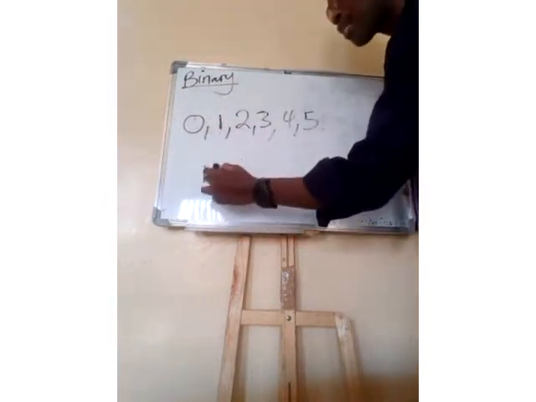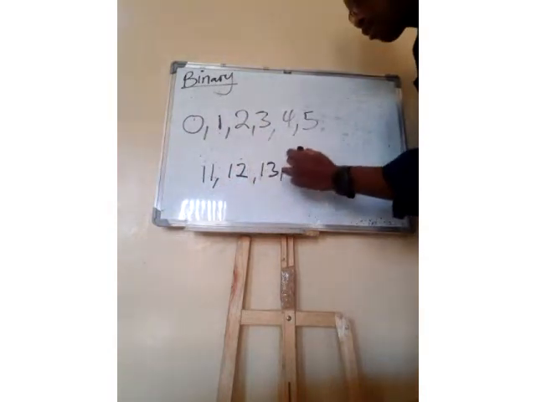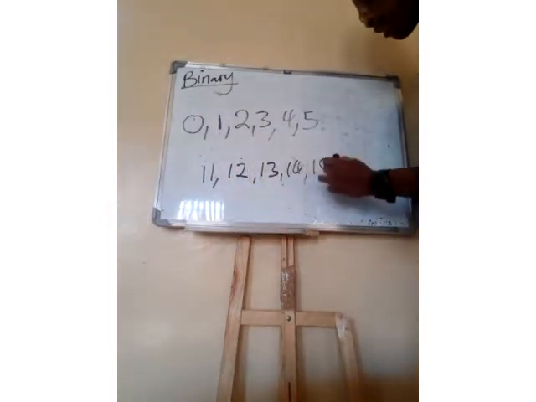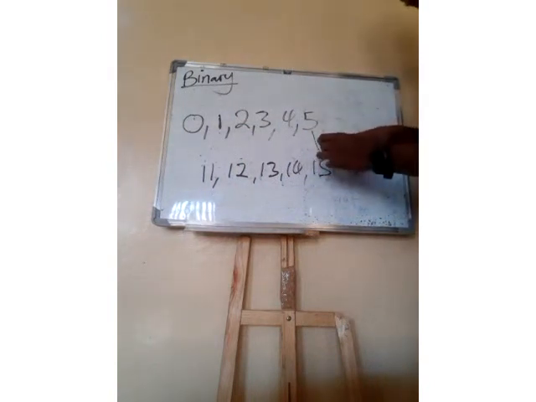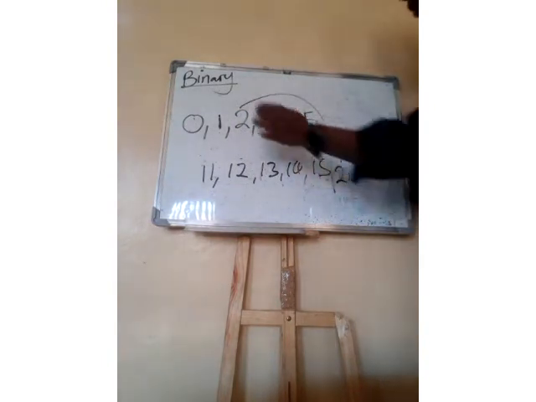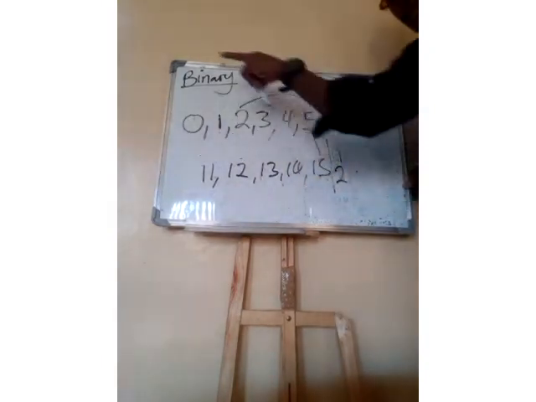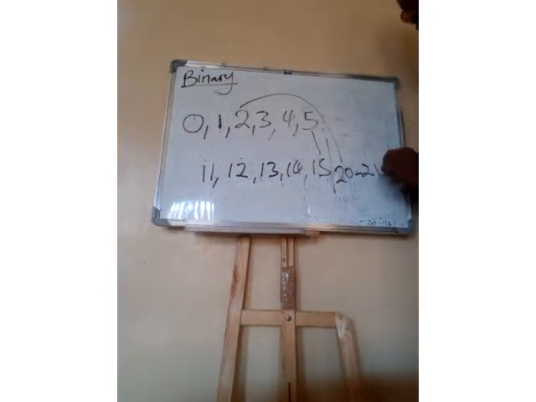So it's going to move like this: 1 and 1, 1 and 2, 1 and 3, 1 and 4, 1 and 5. When we reach the 5, because we've already arrived here, what do you do? We get the next 2 and bring it here, and we say 2 and 0. We go back where? There, and it becomes 2 and 0. 2 and 1, and the sequence continues like that.